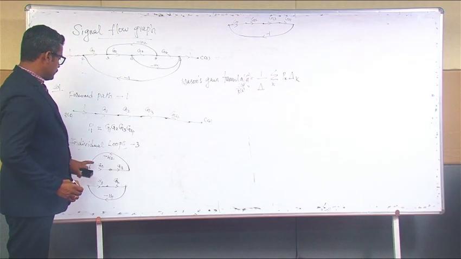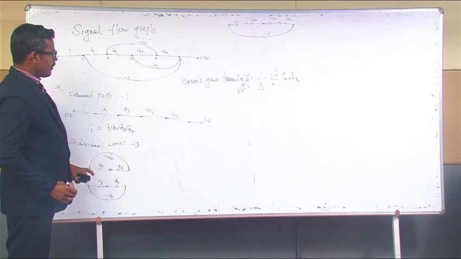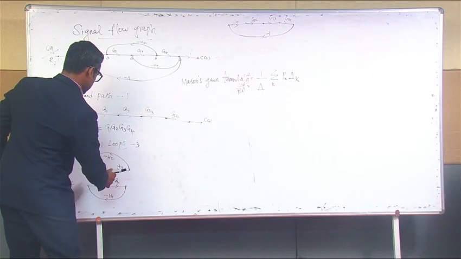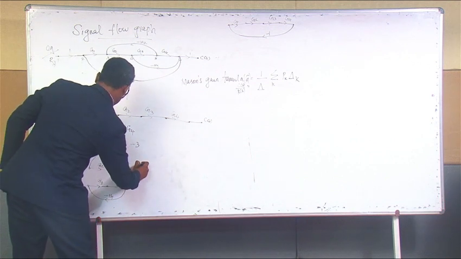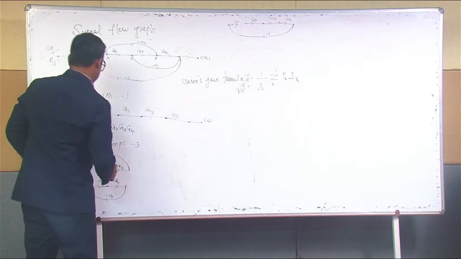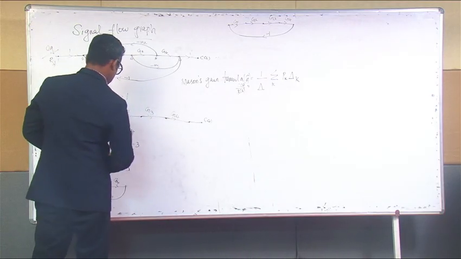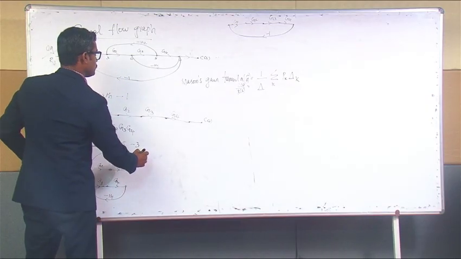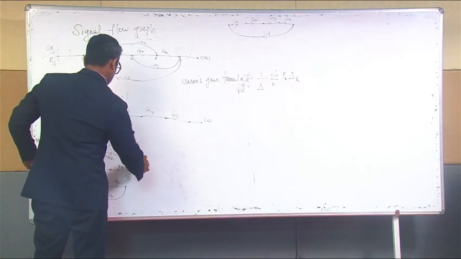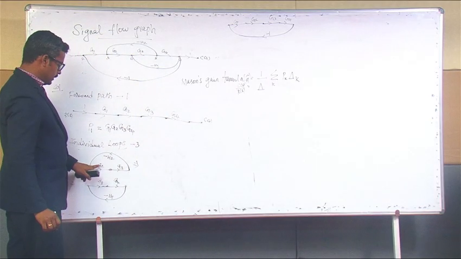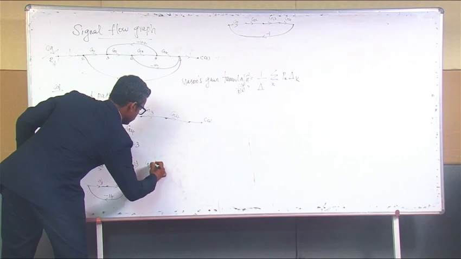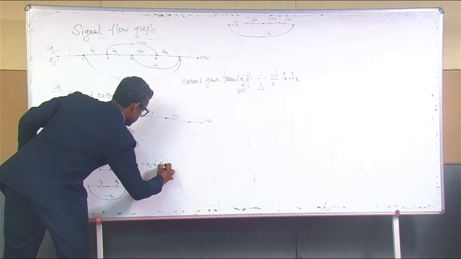What is the transfer function of each loop? For the first loop, we multiply G2, G3 into minus H2, so it is G2, G3 minus H2.